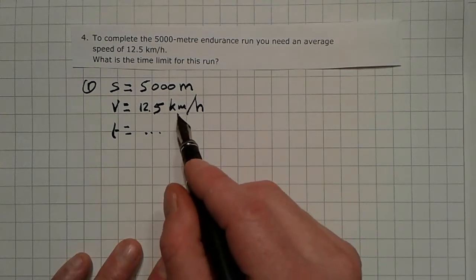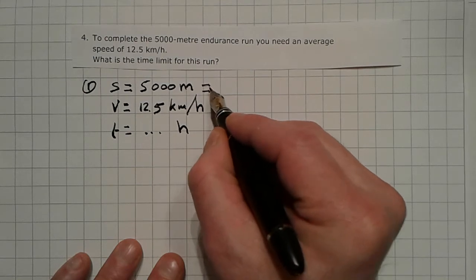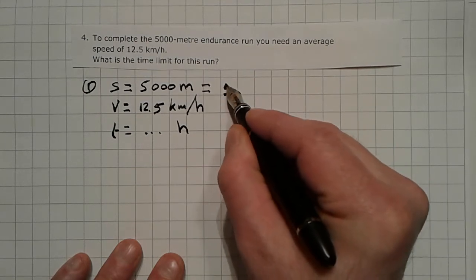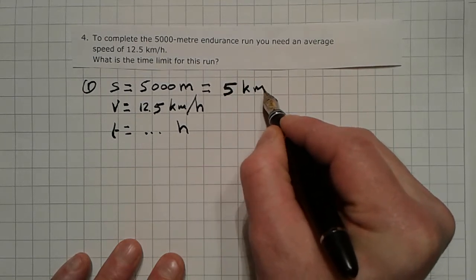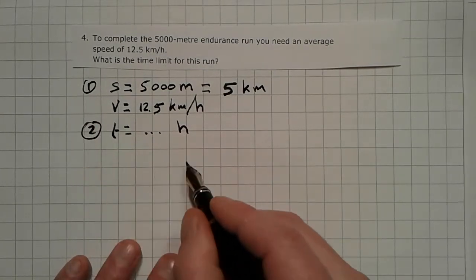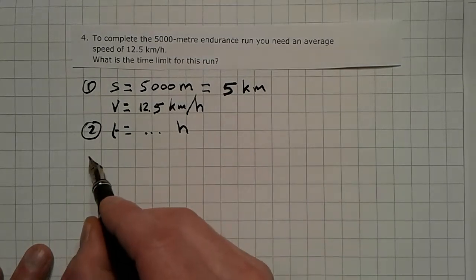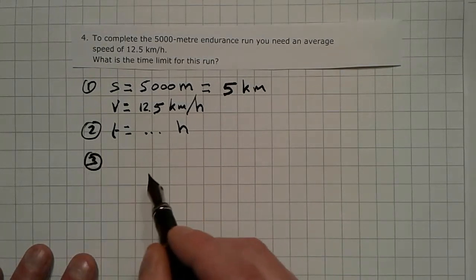The velocity is in kilometers, so that means the distance also has to be in kilometers. 5 kilometers. So we have step 1, we have step 2. Everything is in the right unit, so we can go on with step 3.